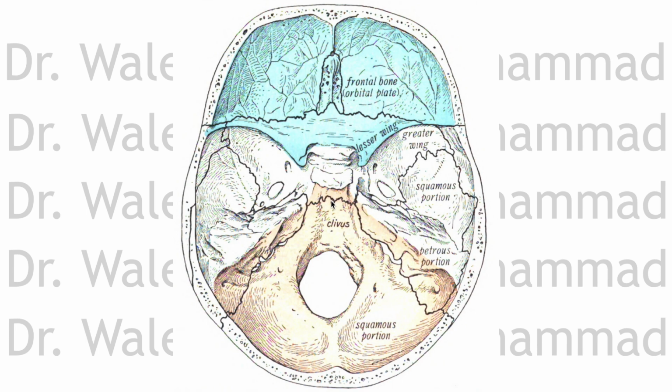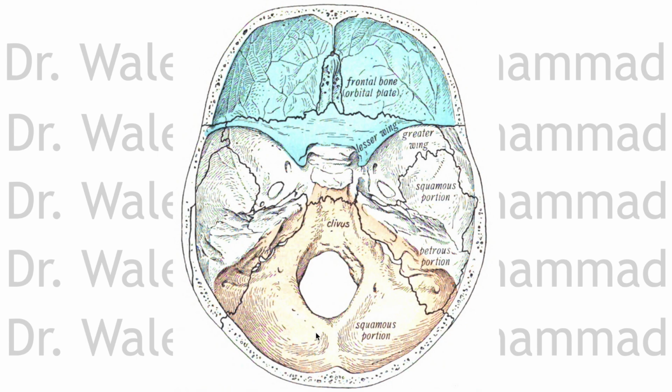It's formed mainly by the occipital bone, and this is the clivus part of the occipital bone related to the pons and the beginning of the medulla oblongata of the brainstem. This is the foramen magnum, and here you will find the cross-shaped internal occipital protuberance, the site for the confluence of sinuses, with the transverse sinuses emerging from it.